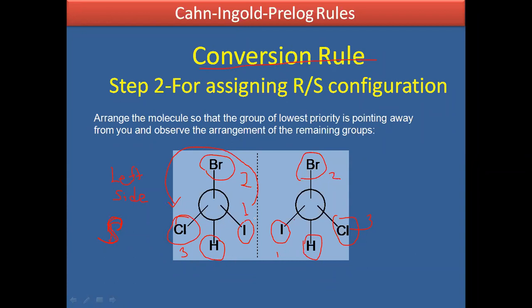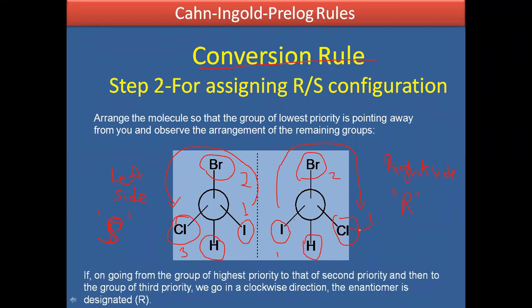That is, movement of your eyes from 1 to 2, 2 to 3 towards the left side or anti-clockwise direction, then the naming system as per the RS nomenclature gives the name as S configuration. Whereas if the rotation of your eye movement from top priority 1 to 2, 2 to 3 is in the right side direction or clockwise direction, then it is designated with the sign R. This is a conversion rule.